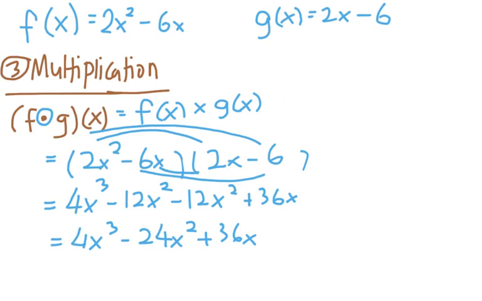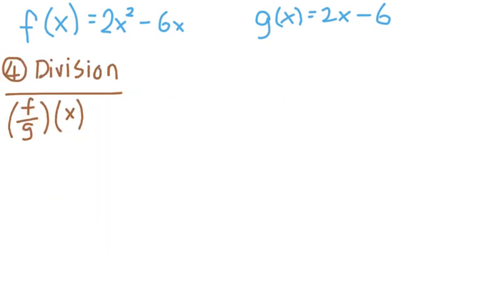And then the last operation, which is the fourth part, is the division. So still the same thing for the division. You are coming up with f divide g x. So the same thing, you know that what you want to do is function of f divide with function of g.